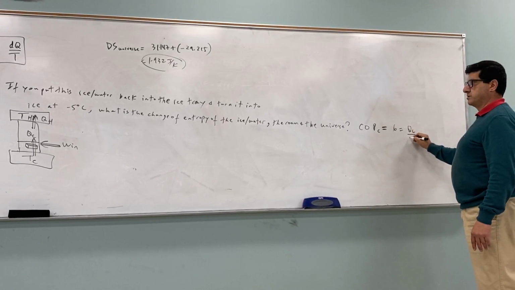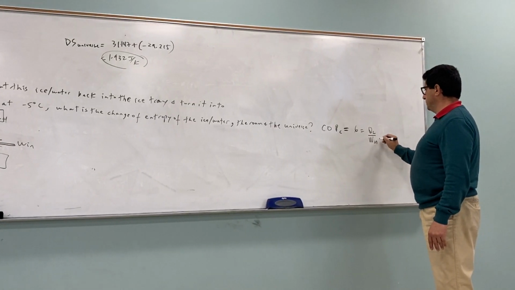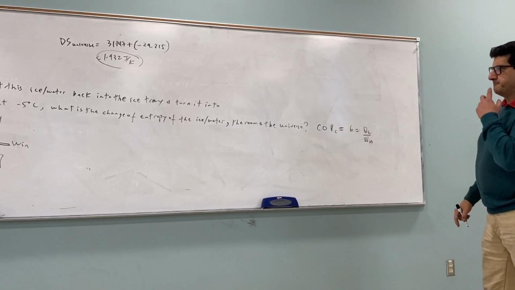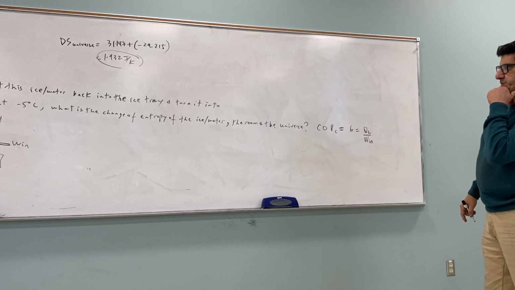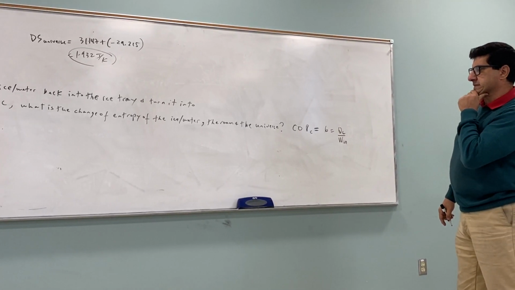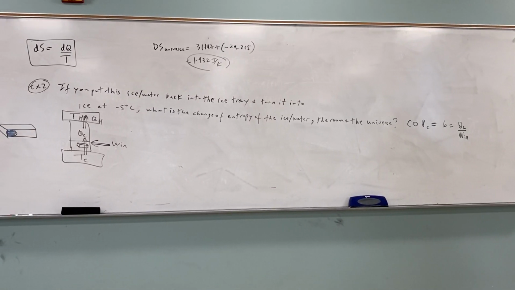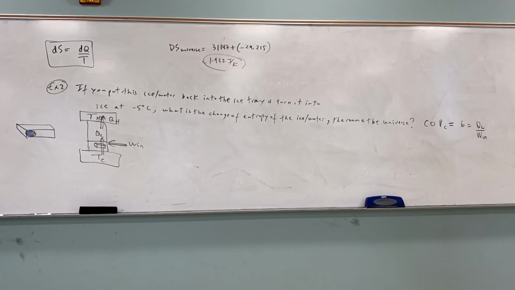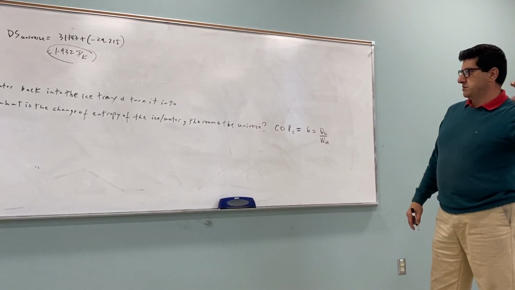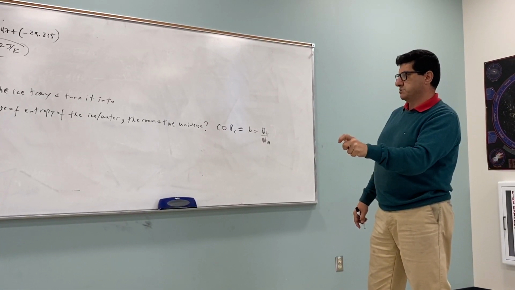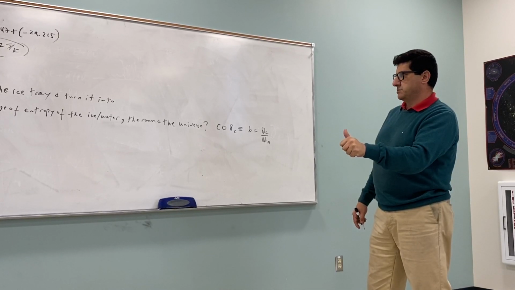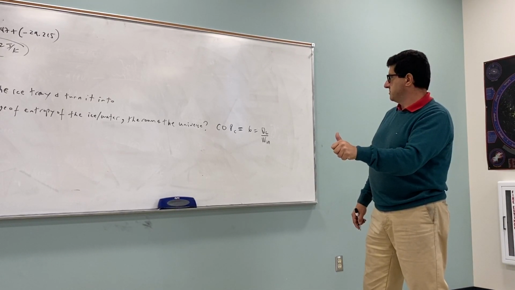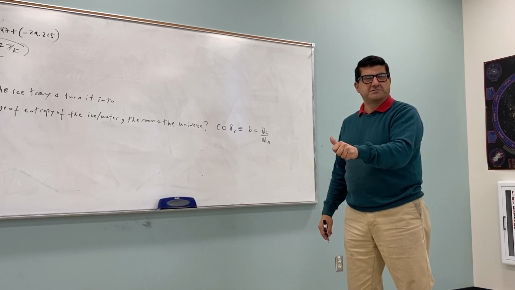QC over work in, that's 6. How much energy you're extracting from the cold, divided by work. Okay, where am I going with that?